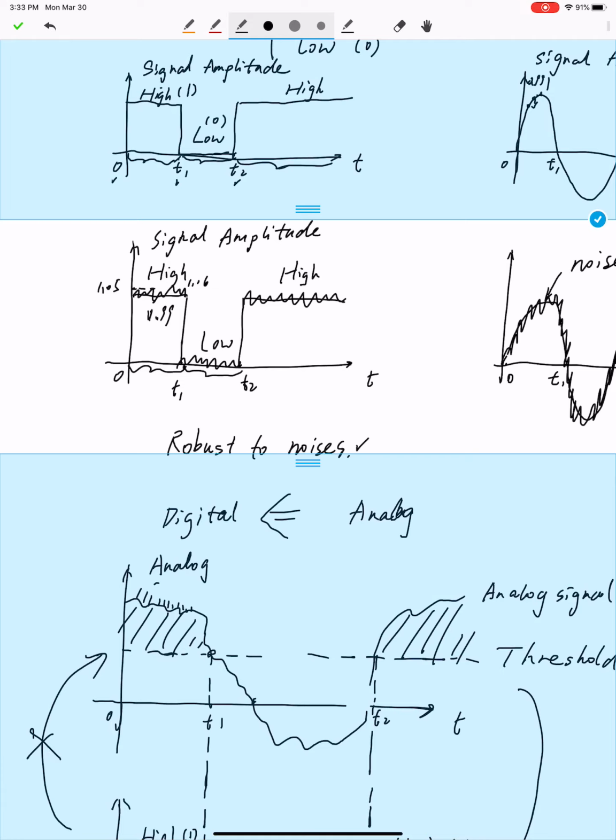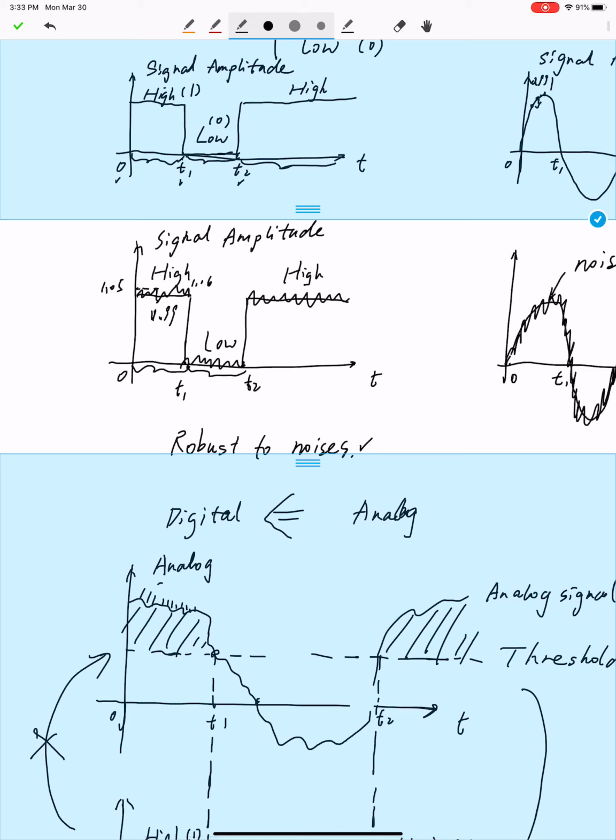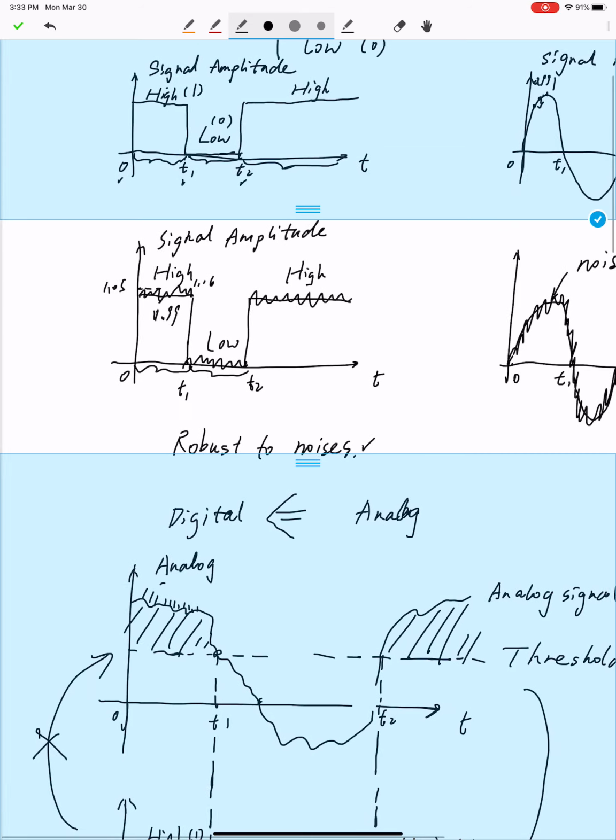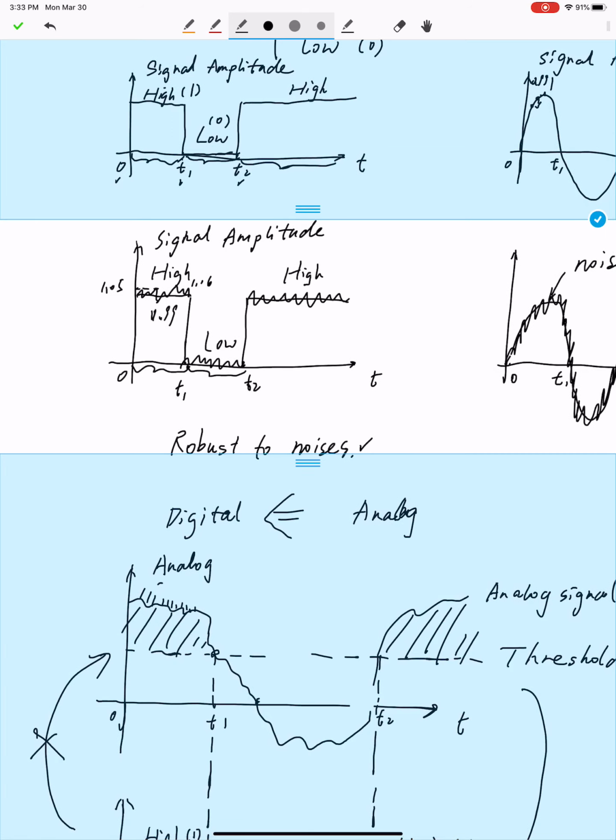It's just like some minor noise, like some ripples on the original digital signal. We can still distinguish which part is high state, which part is low state, right? So we can still see the very difference between 0 to T1, where the signal is located in high state, and from T1 to T2, where the signal is located in the low state. So we can still distinguish the very difference between these two states.